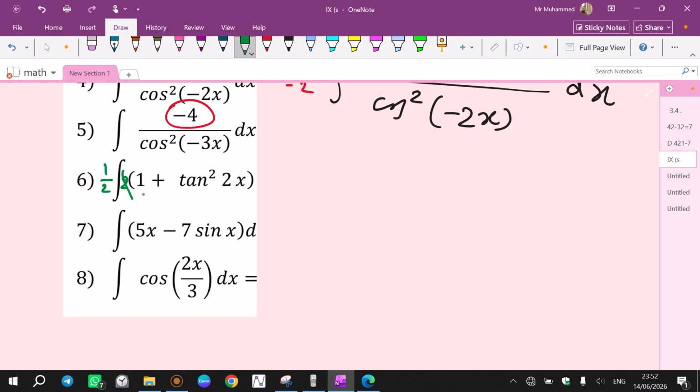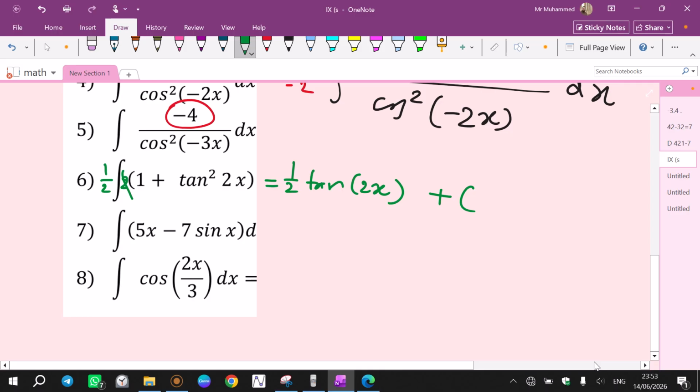This 2 gets cancelled. 1 plus tan squared will be just tan. 2x stays 2x, no change. And don't forget the 1 over 2 outside plus c. Okay, what happened to the 1? 1 plus tan squared by itself is the derivative of tan. That means integral of 1 plus tan squared is just tan.